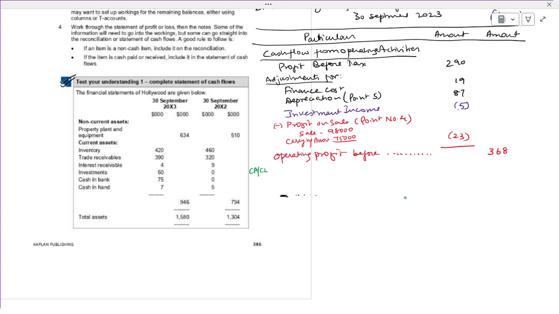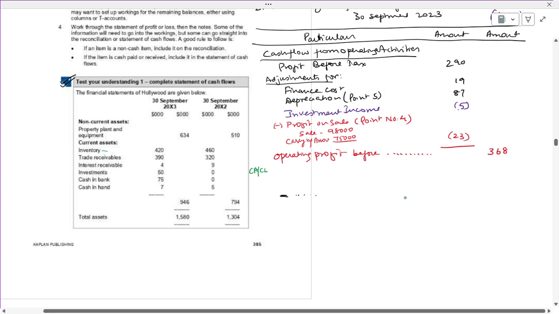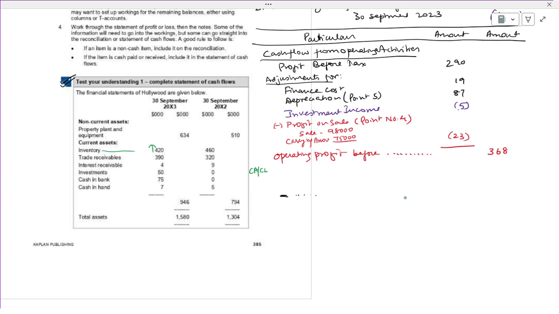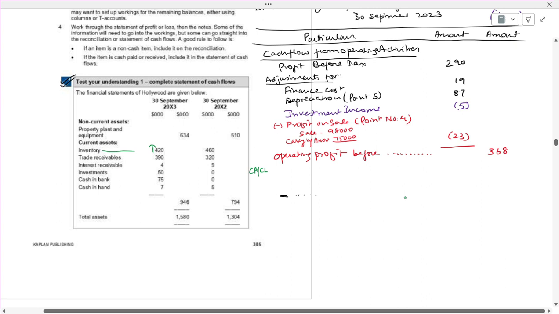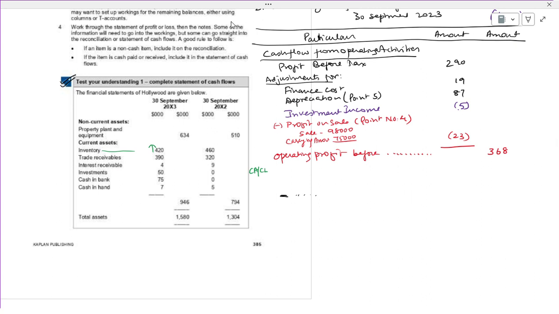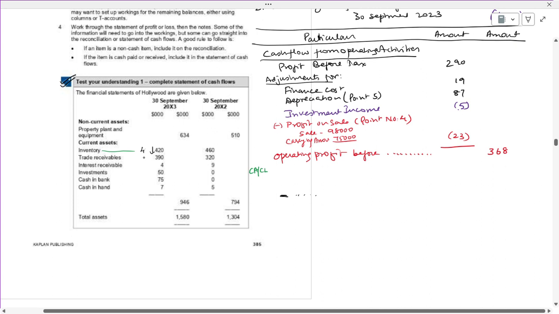Now when you are taking, you can write here only, don't worry about that. This is 2002, 2003 inventory. How much is the difference? Is it increasing or decreasing? Decreasing by 40. If inventory decreases, what will happen to cash?